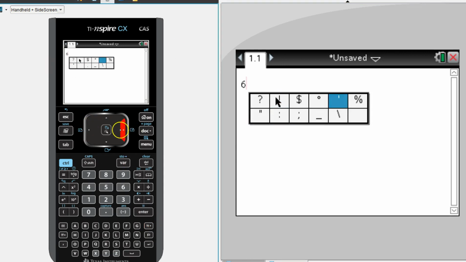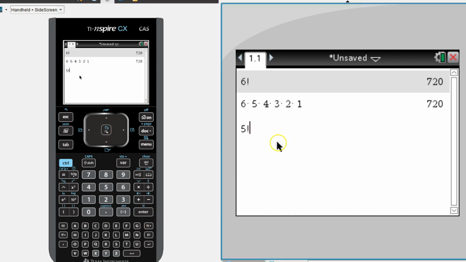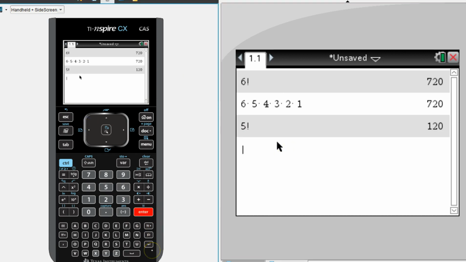So we just do 6 exclamation mark, and we said that was 720. That means the same thing as 6 times 5 times 4 times 3 times 2 times 1. Either way. And same thing with 5 factorial, which would be our 120.